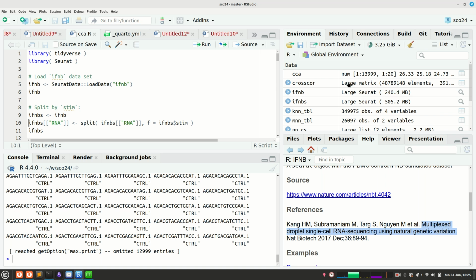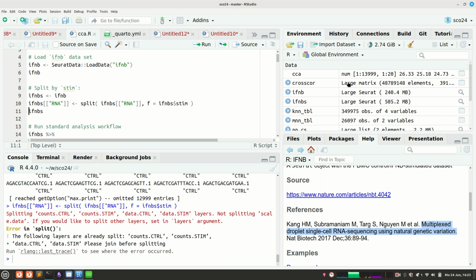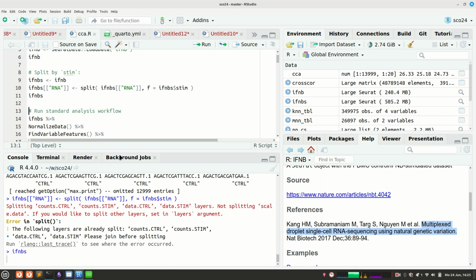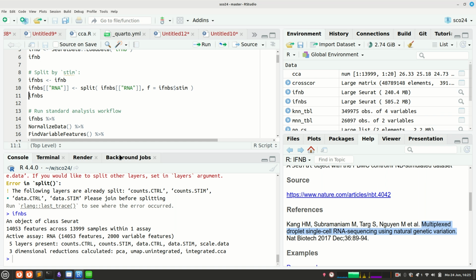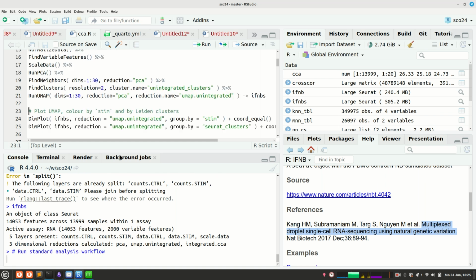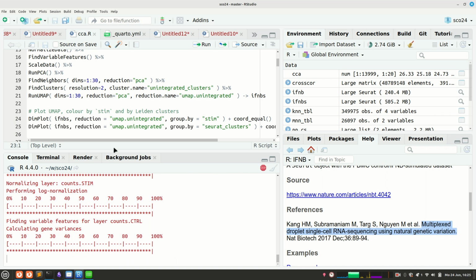And what Seurat now wants is that we use the Seurat split command to split the count and data matrices into 2 submatrices, one for the control and one for the stimulated. I call this now interferon beta split. And now I run the usual standard analysis that I've always done on this.